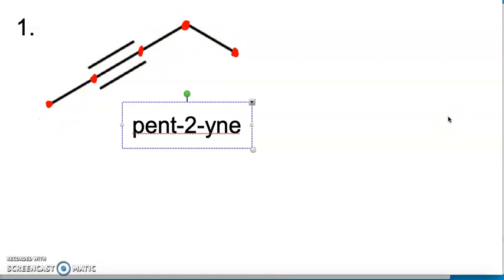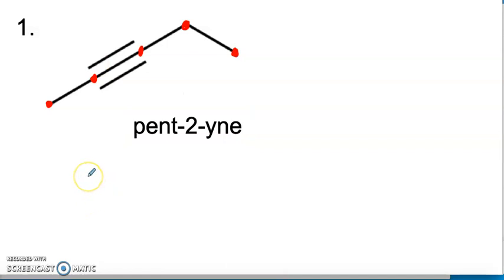The other thing I know some of you like to do when you get these line diagrams, especially when they're new to you, is look at them and draw your own condensed structural from it. You'd say, okay, here's that first C. Then I know I have a single bond to my next C, which is this one. Then I know I've got a triple because I can see that in my picture.